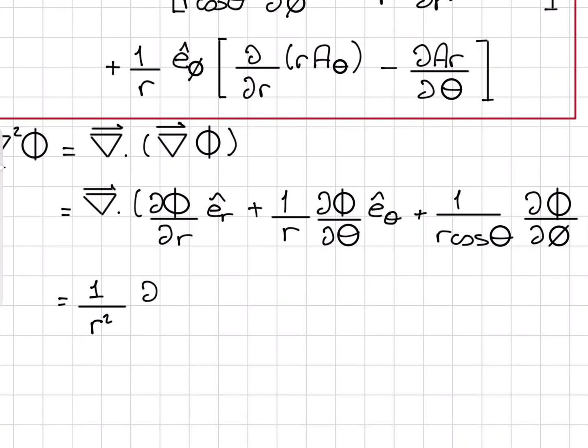So del del r of r squared. What is the r component of this vector? Del phi del r. This is the operation we have to perform.